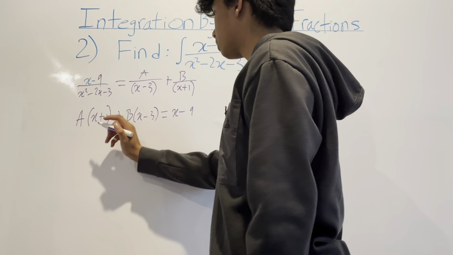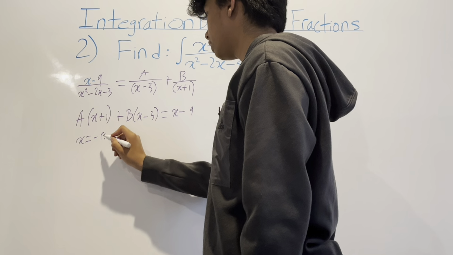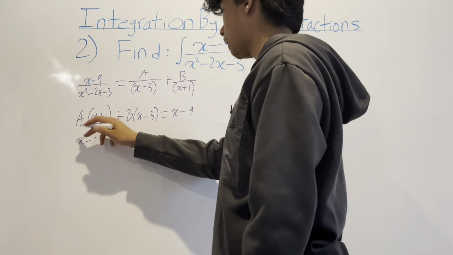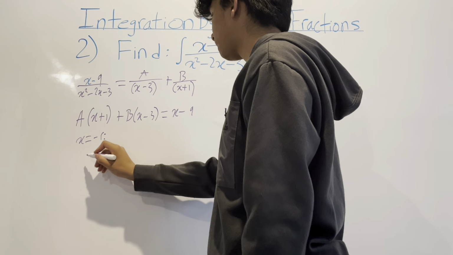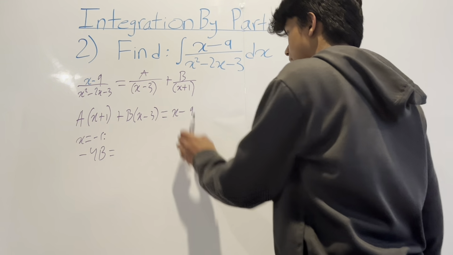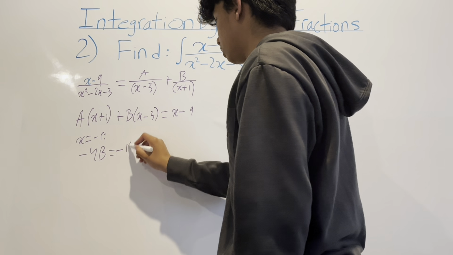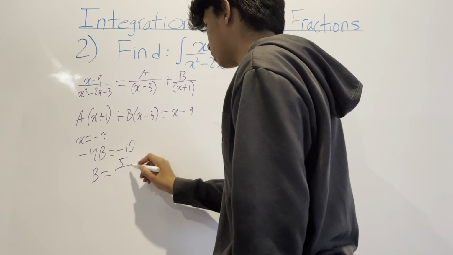And x plus 1 equals 0 will give us x equals negative 1. If we plug that into the equation, A will cancel off, and B will be negative 1 minus 3, which is negative 4. So negative 4B equals negative 1 minus 9, which is negative 10. So B is equal to 5 over 2.